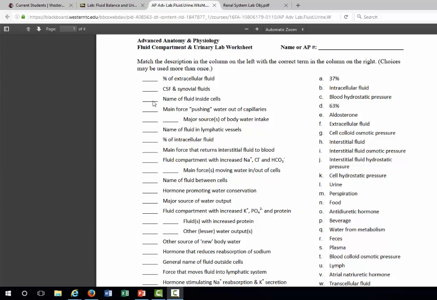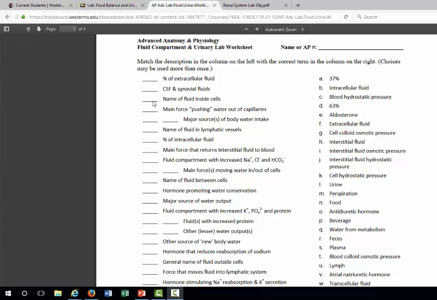Main forces moving water in and out of cells. So we're talking about across the membrane. Yep, letter G, cell colloid osmotic pressure, and also interstitial fluid osmotic pressure.